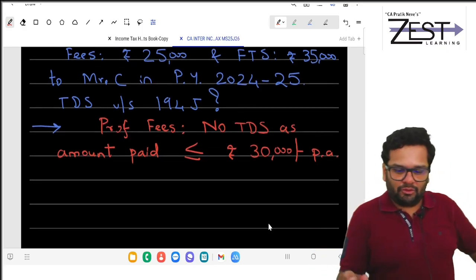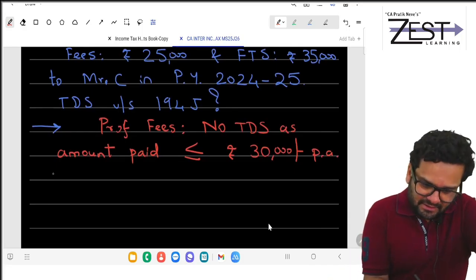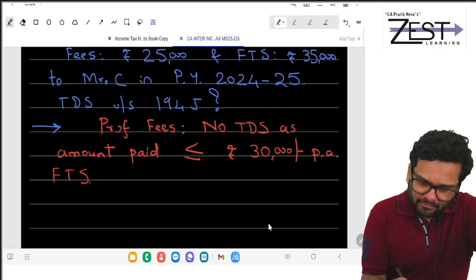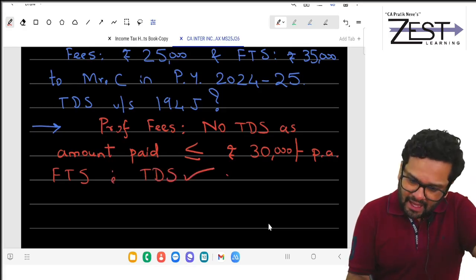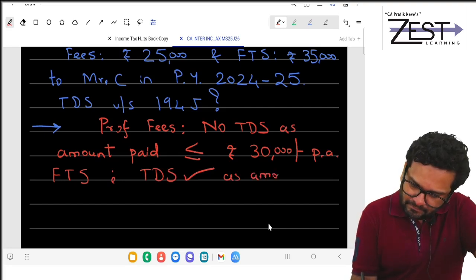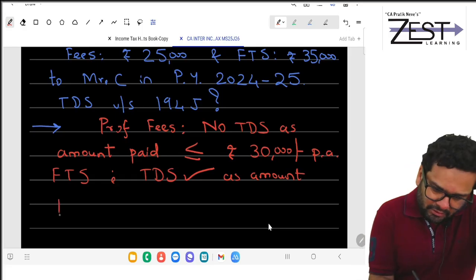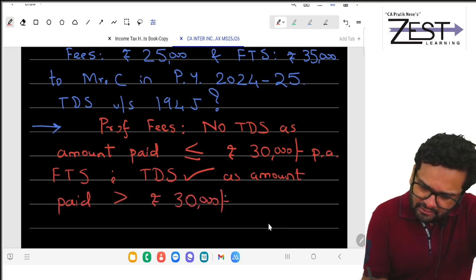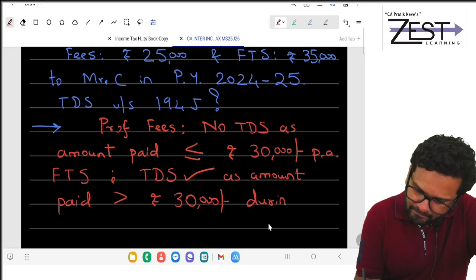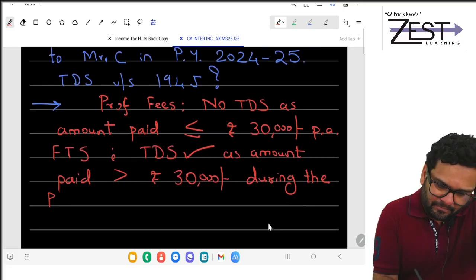Clear? And what about your FTS? TDS will happen. Why? As amount paid is exceeding 30,000 during the PY. Do you agree?